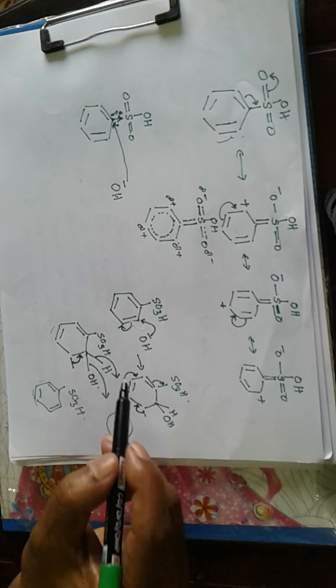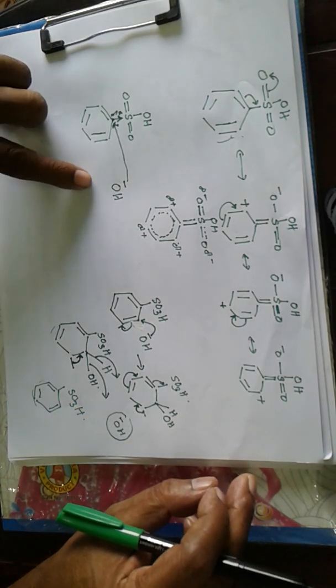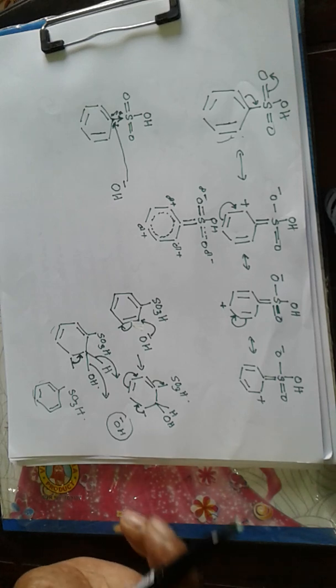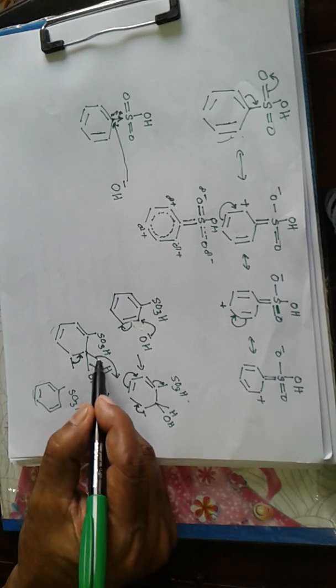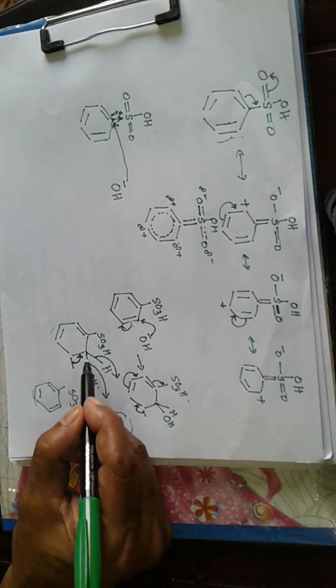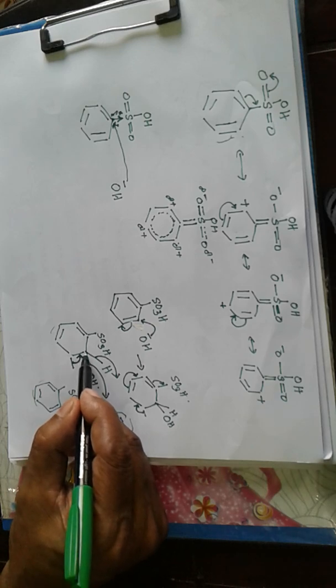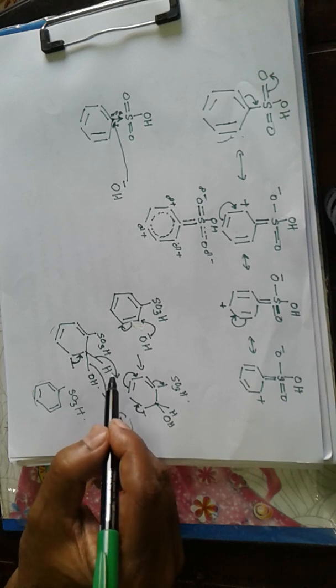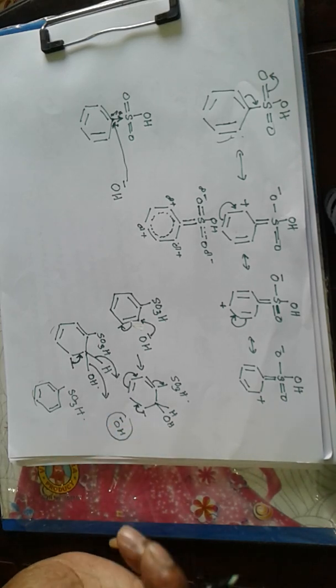And again, H negative is not stable as a free ion. The quality of a leaving group is that it should be stable as a free entity. Here H negative cannot be formed for one reason: the carbon is more electronegative. So the removal of H as H negative is not easy.